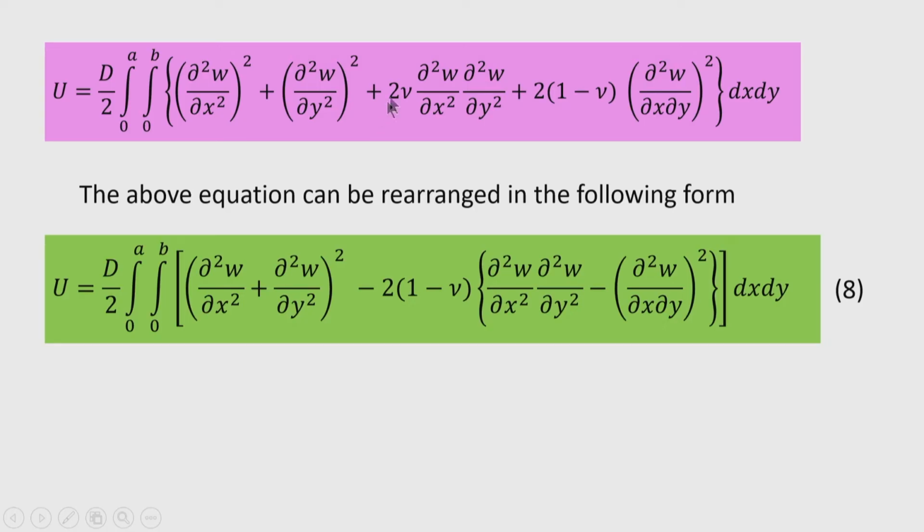So, the same quantity, minus 2 ∂²w/∂x² ∂²w/∂y², is also added. Then if I take three terms, (∂²w/∂x²) squared plus (∂²w/∂y²) squared plus the other term that I added, 2 ∂²w/∂x² ∂²w/∂y², these three terms can be combined and written in this form: (∂²w/∂x² plus ∂²w/∂y²) whole squared.